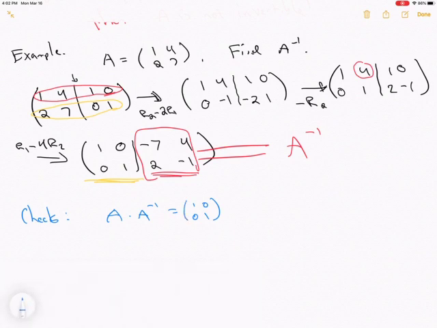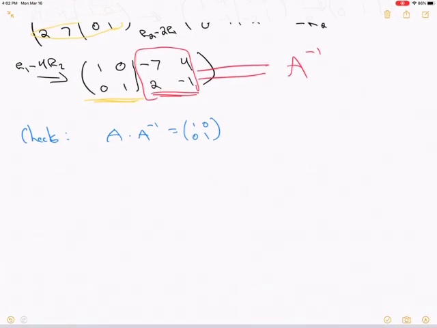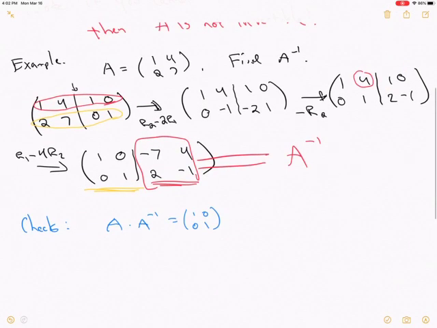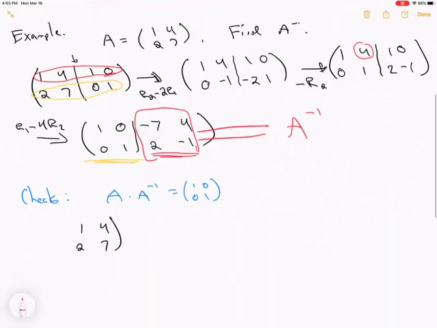So A is, I'll just stick what we had before, A is 1, 4, 2, 7. We're going to multiply that by what we hope to be A inverse, minus 7, 2, 4, minus 1.